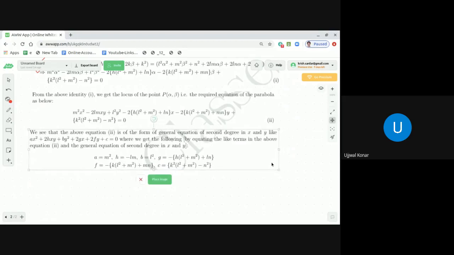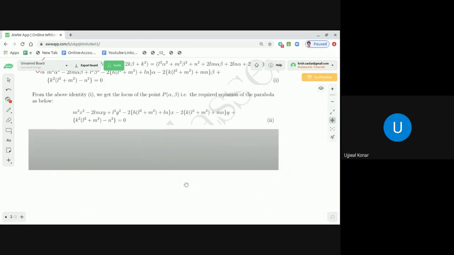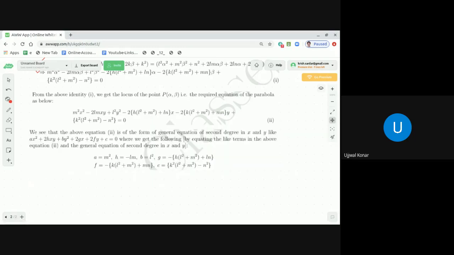We see that the above equation 2 is of the form of the general equation of second degree in x and y, like ax square plus 2hxy plus by square plus 2gx plus 2fy plus c equal to 0. So if we equate the like terms, what are we going to get?